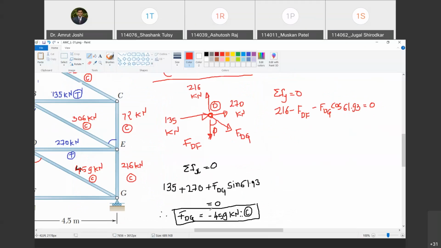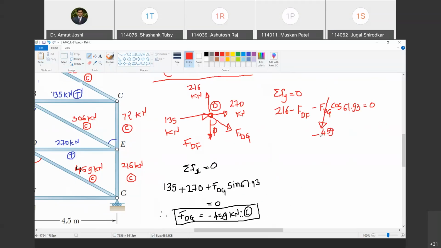Yes, sir. And what is the FDG value? FDG itself is minus 459. So minus of minus is going to become plus. Are you with me? So what is the value of FDF? 216 plus 459 cos of 61.93.